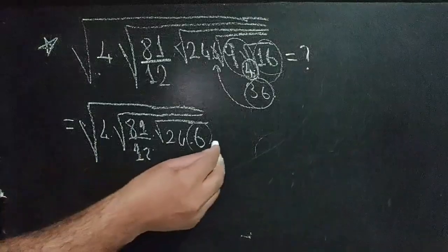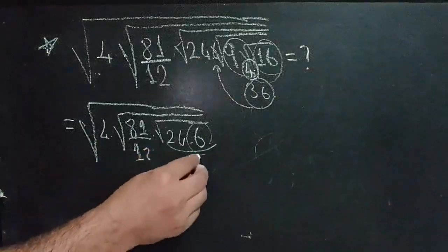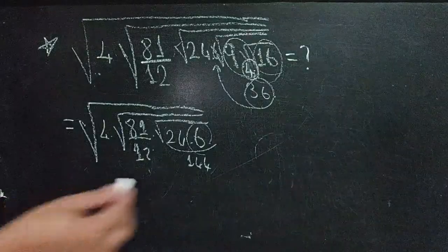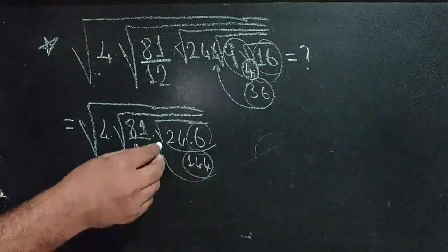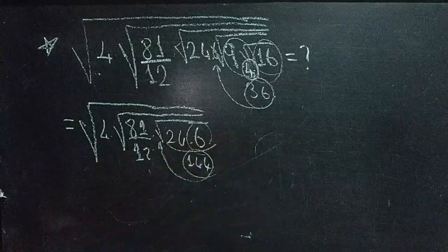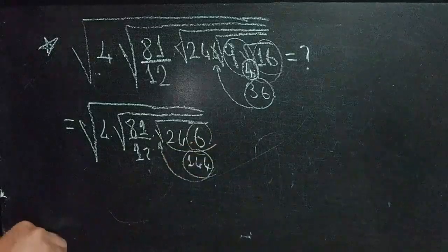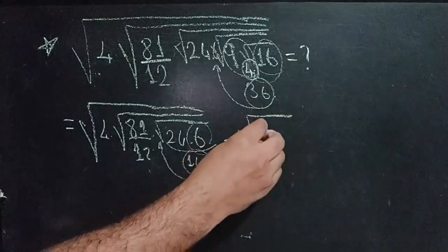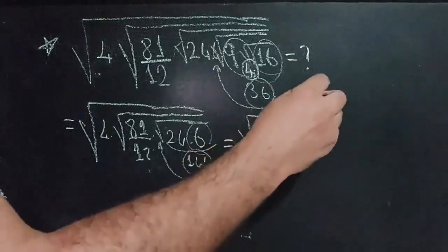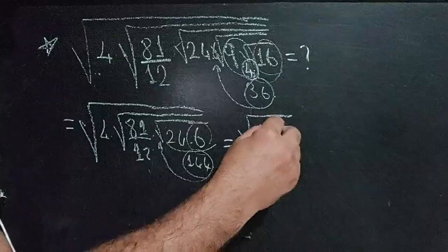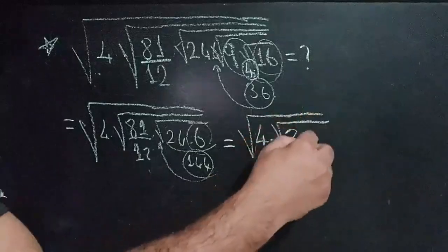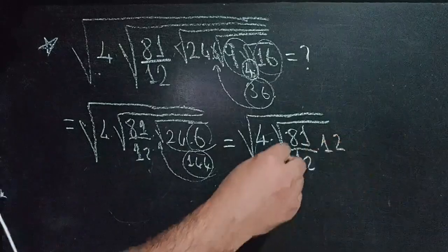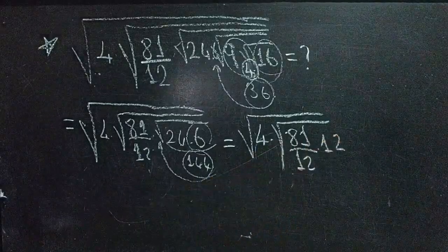Alright, now this will be 144. 24 times 6 is going to be 144, and this will come out as 12. So that will be square root 4 times square root 81 over 12 times 12. Almost done, almost done.